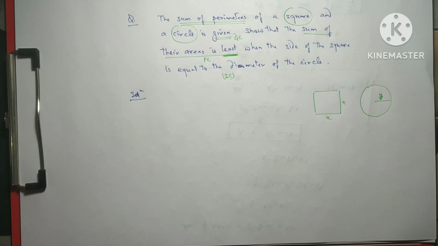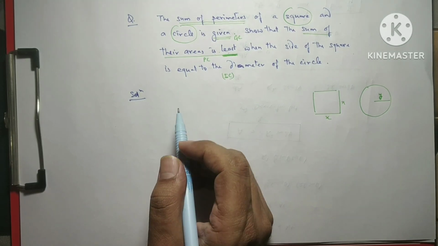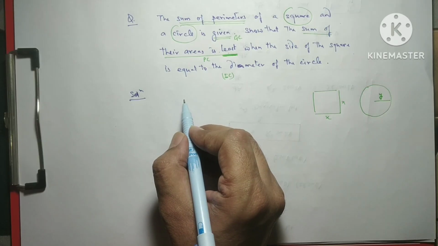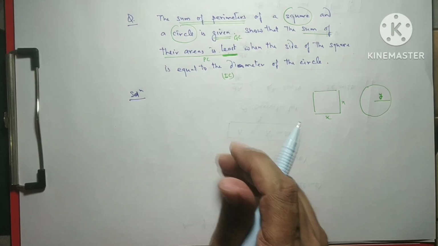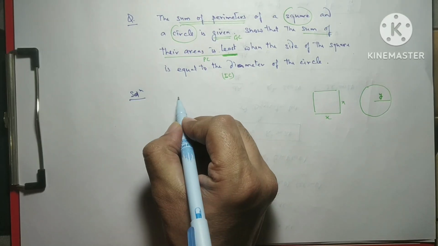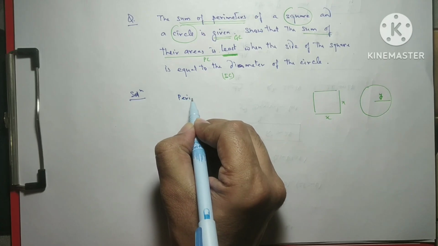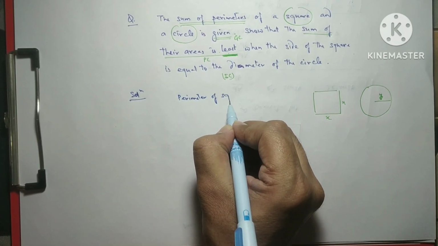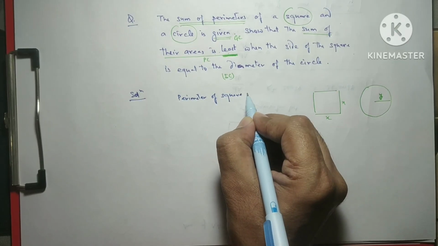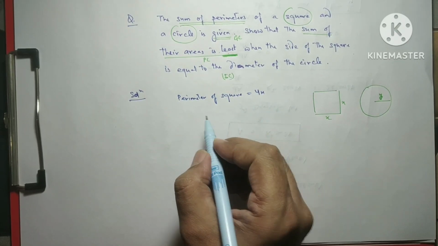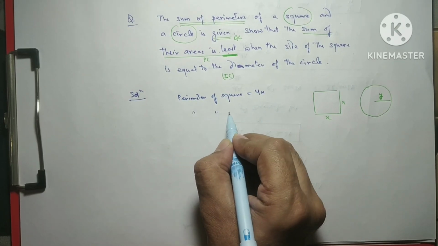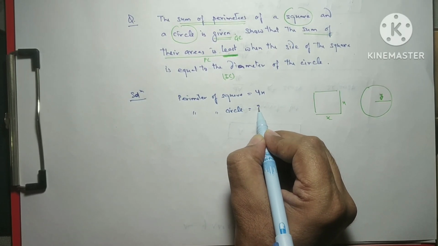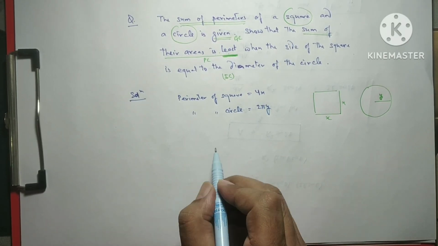Right. So according to the given condition, we have the perimeters. The perimeter of a square will be 4x, and the perimeter of the circle is 2 pi y.